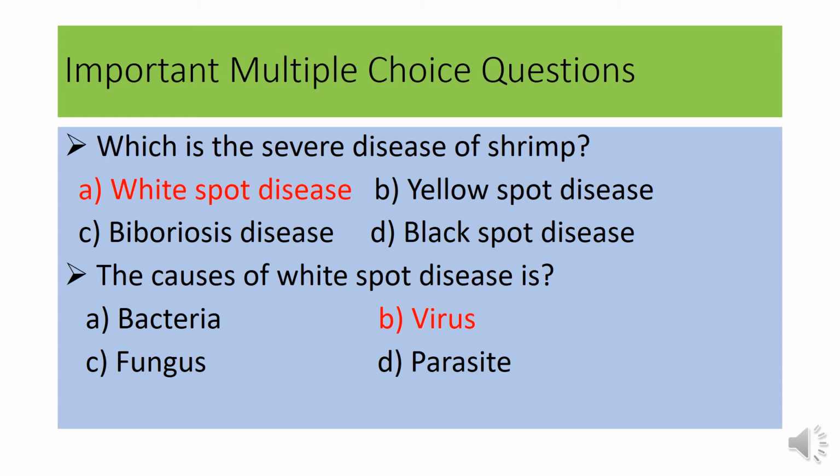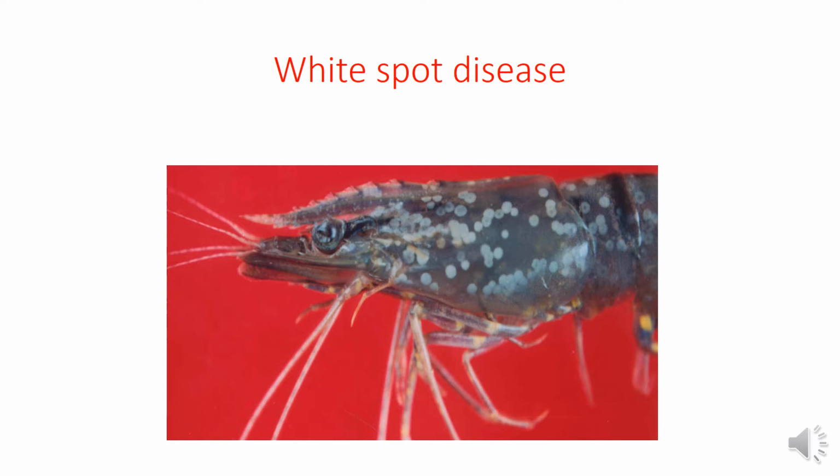The second question is the cause of white spot disease. The causal organism of white spot disease is a virus. So the answer will be virus. Here you can see the image of white spot disease. This is a very serious disease among prawn diseases, and it is a viral disease. You can see some white spots on the carapace of this shrimp.